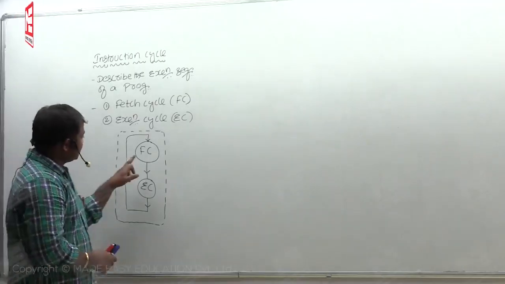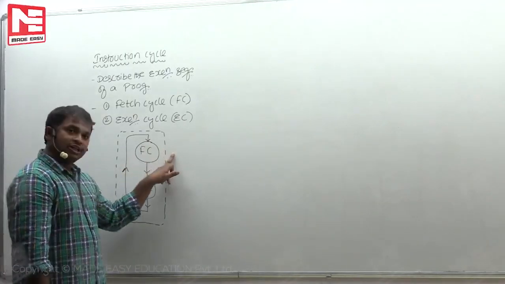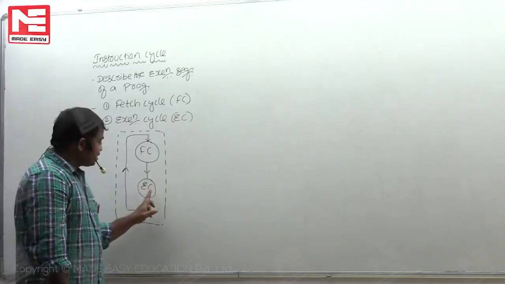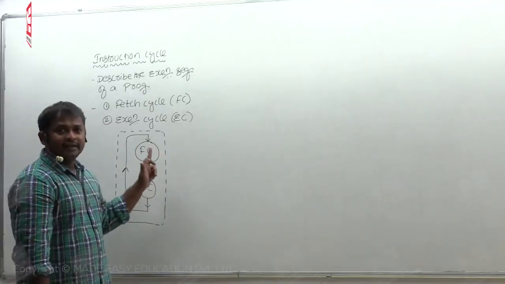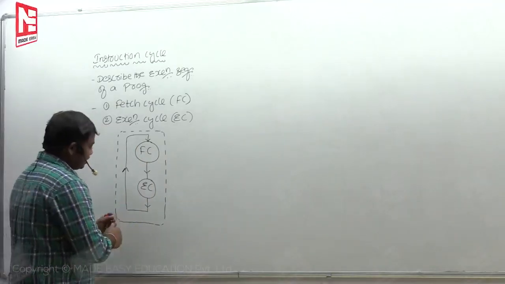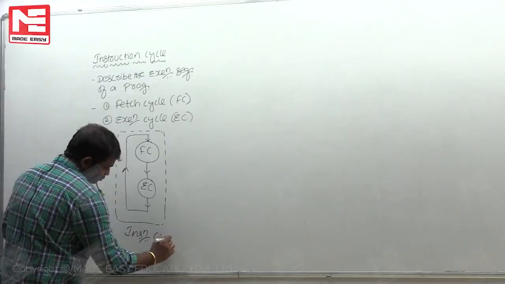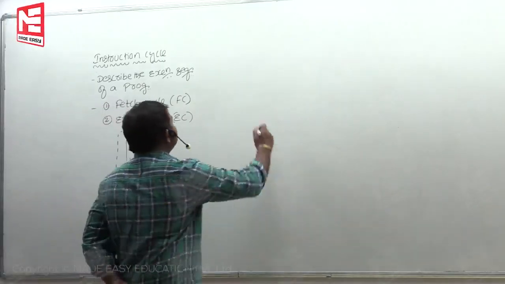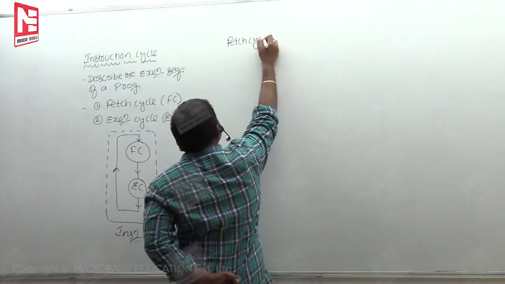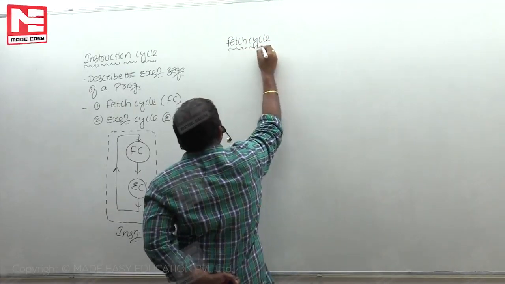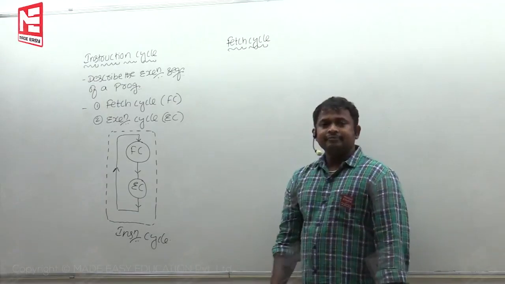In the program execution, the starting point is the fetch cycle. What is the objective of the fetch cycle? And what is the objective of the execution cycle? How are they interconnected in the instruction cycle? We will see now. Take the heading fetch cycle. Fetch means read.